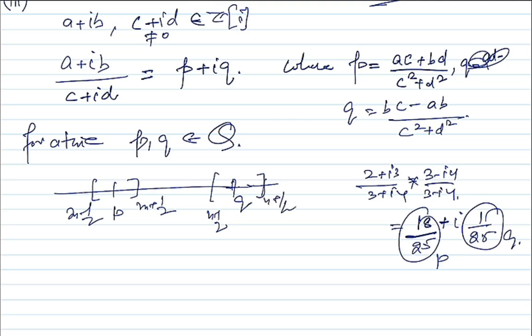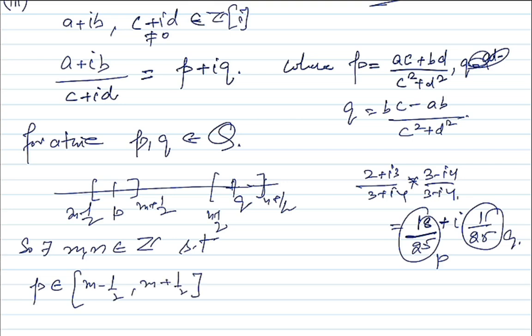That is easy to see. So there exist integers m and n such that p belongs to this interval and q belongs to this interval.